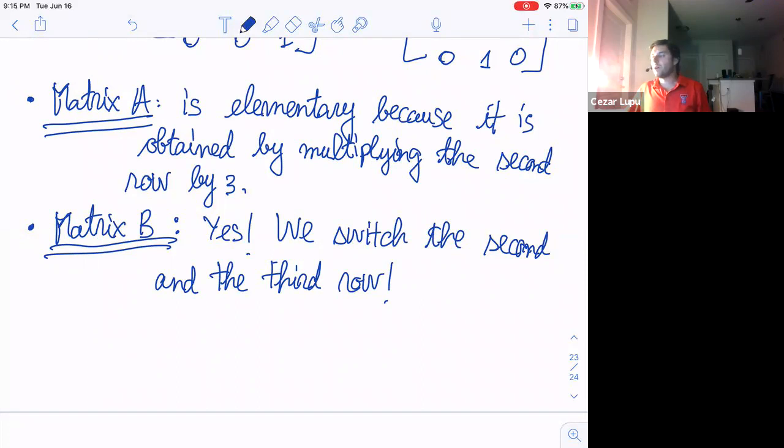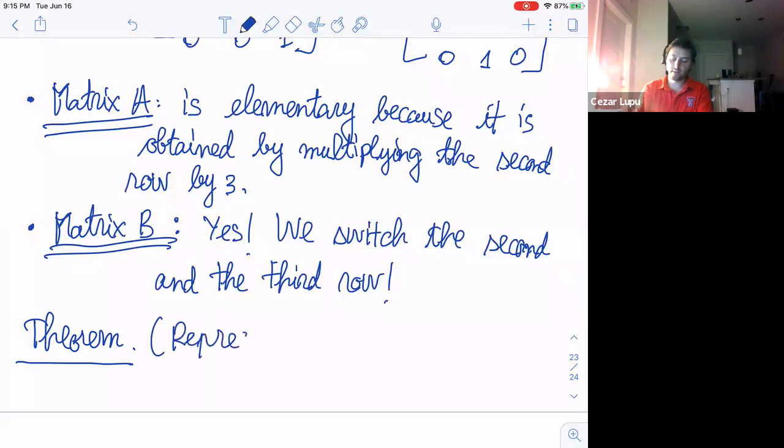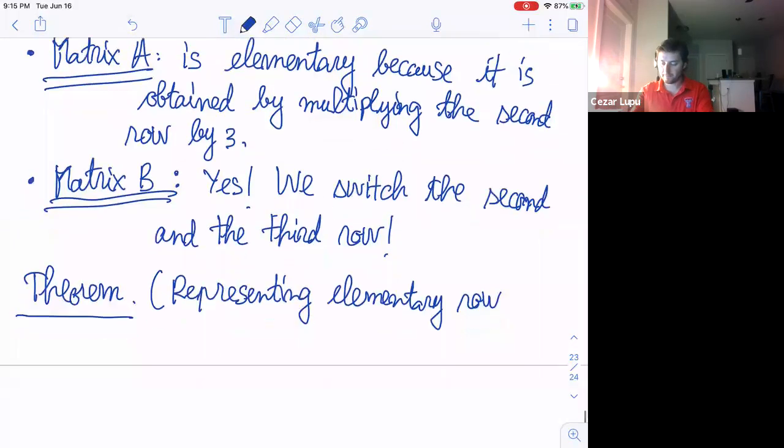Okay, so what are these elementary matrices good for? Probably I'm just going to give you the theorem and then I'll give you something to read from the notes. So the following theorem holds true. This concerns representing elementary row operations.